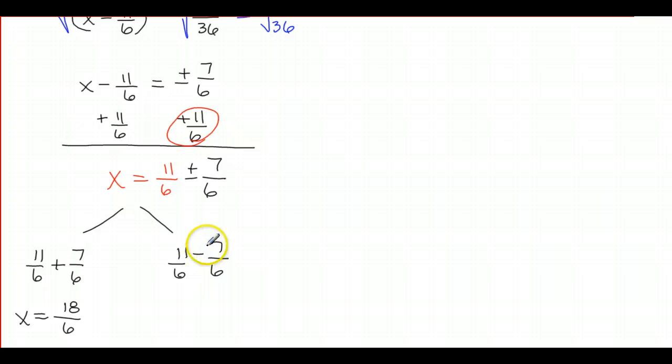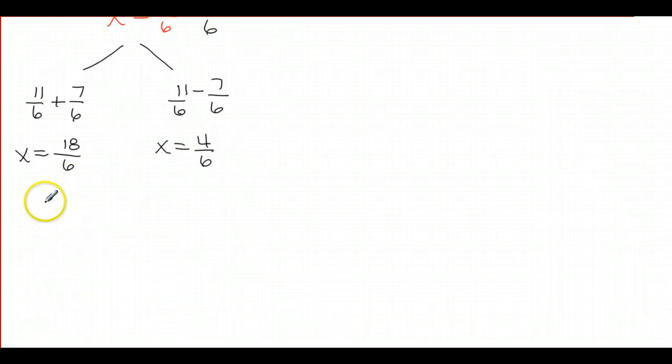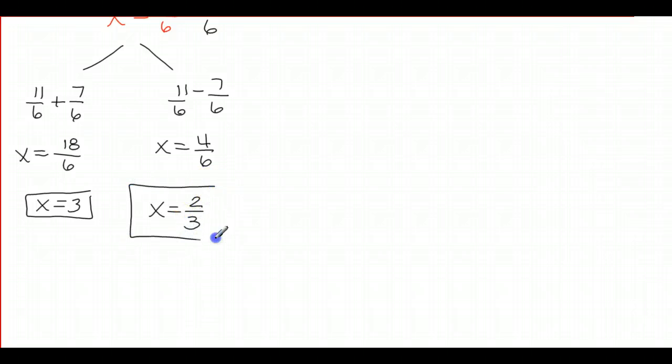And over here, 11 minus 7 is 4 over 6. So then we would simplify both of these solutions, and we would get that x equals 3 or x equals 2/3. And there we have used completing the square to solve our quadratic equation.